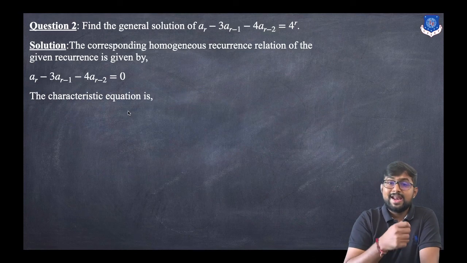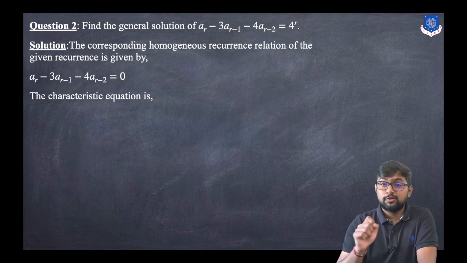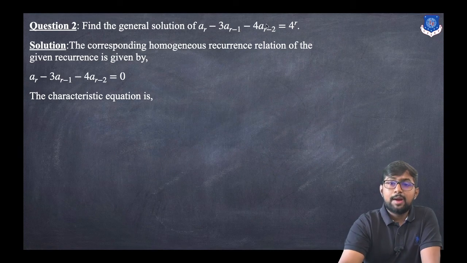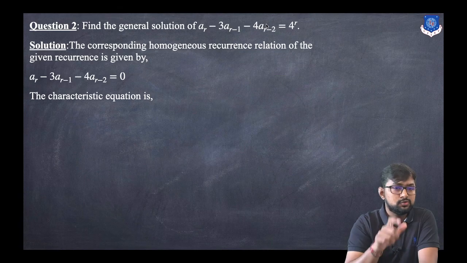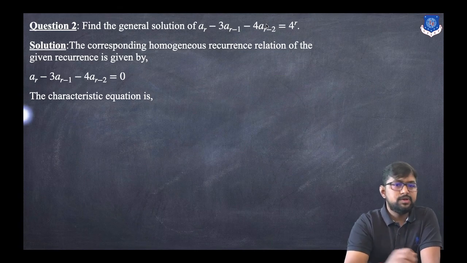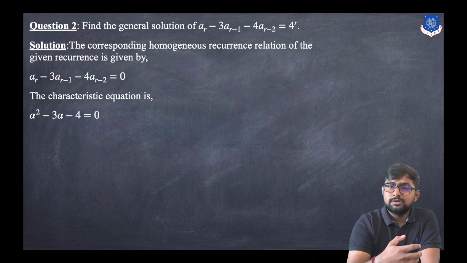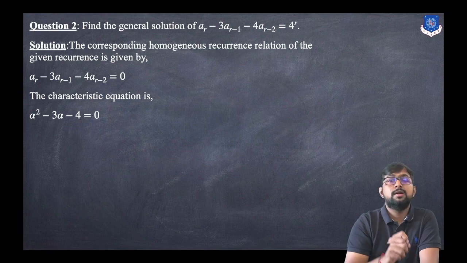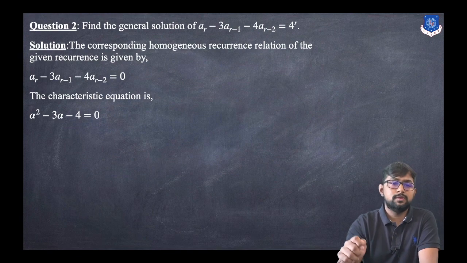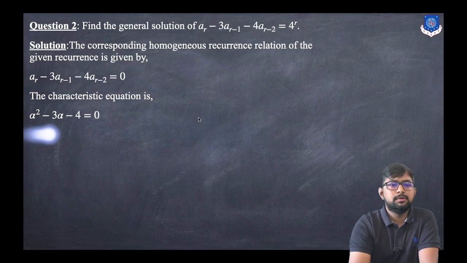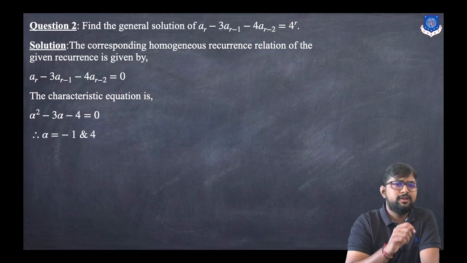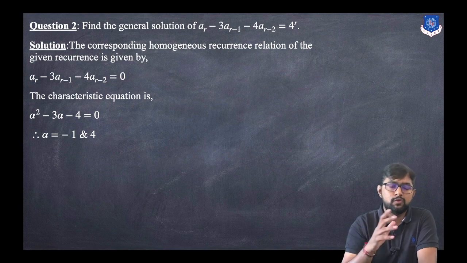Now the characteristic equation. What is the order of the equation? As you can see, r minus 2, so k equals 2, so the order of the equation is 2. The characteristic equation, starting with the highest order, is alpha squared - 3 alpha - 4 = 0. How to solve this quadratic equation? You know very well: alpha equals -1 and 4.